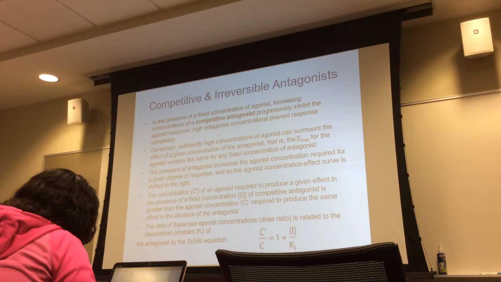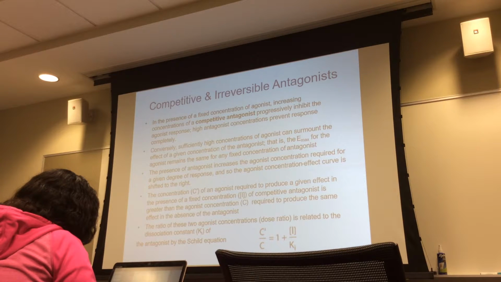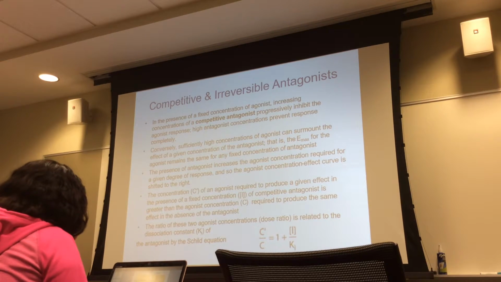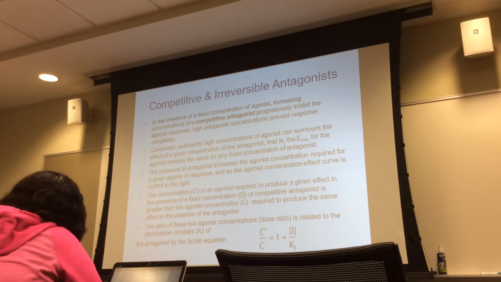Conversely, a sufficiently high concentration of the agonist can surmount the effect of a low concentration of the antagonist. What does that mean? If it's a competition, the more agonist you add, the more able you are to recover the response.